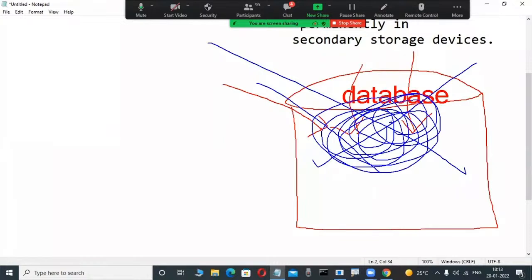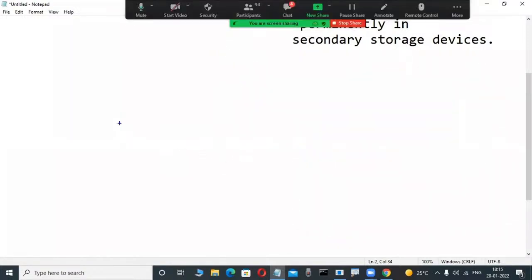These databases only store a structured collection of data. That is important. Nowadays, for storing any random collection of data, some non-relational databases are there, like MongoDB. That is different. Oracle, SQL Server, DB2 are relational databases.